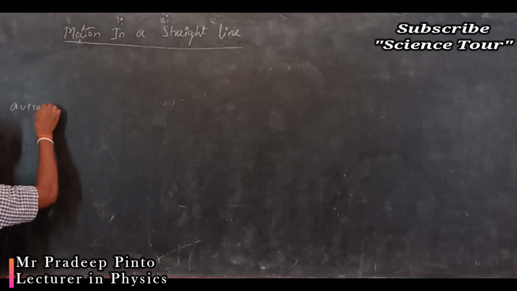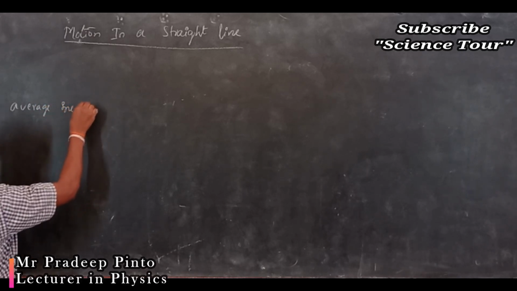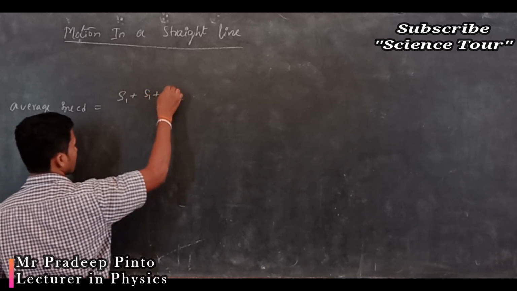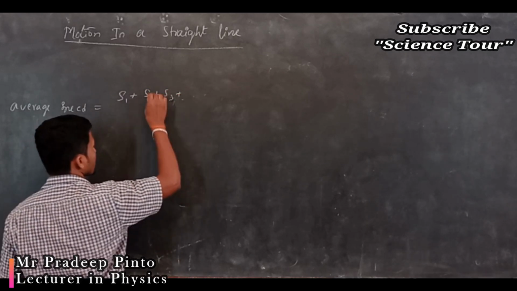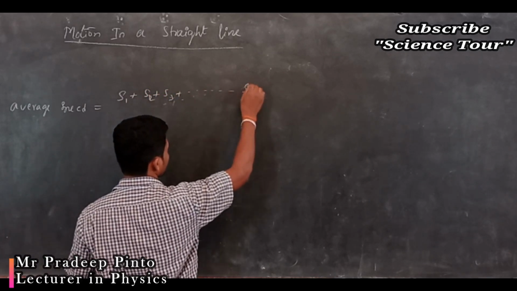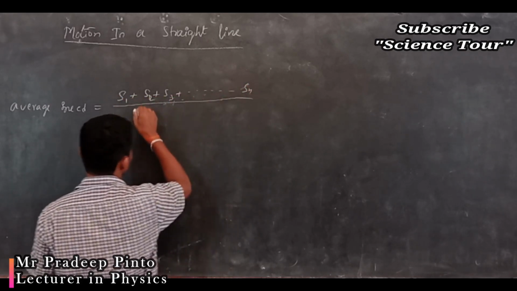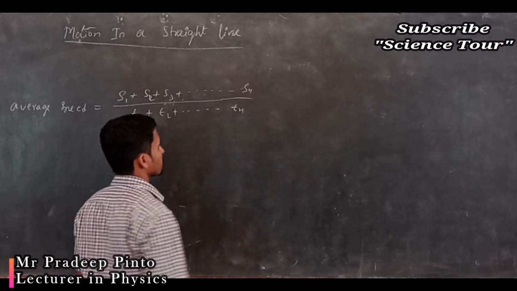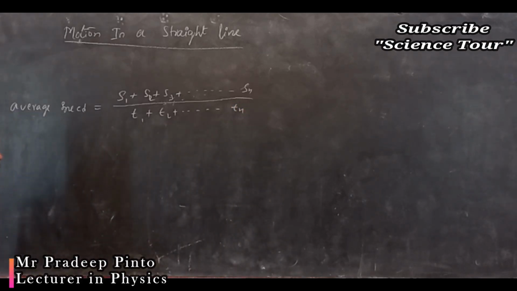Average speed is equal to total distance, s1 plus s2 plus ... sn, divided by total time, t1 plus t2 plus ... tn. This is the formula.